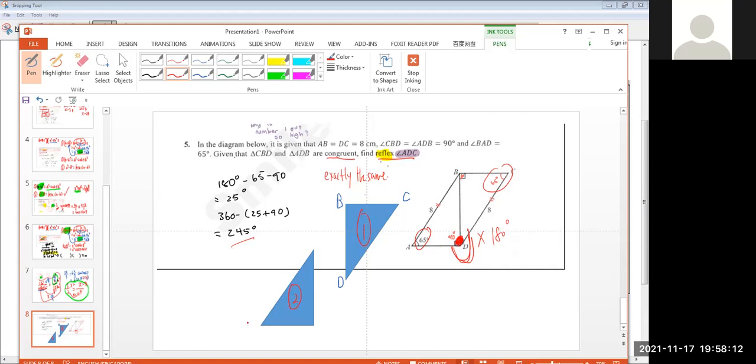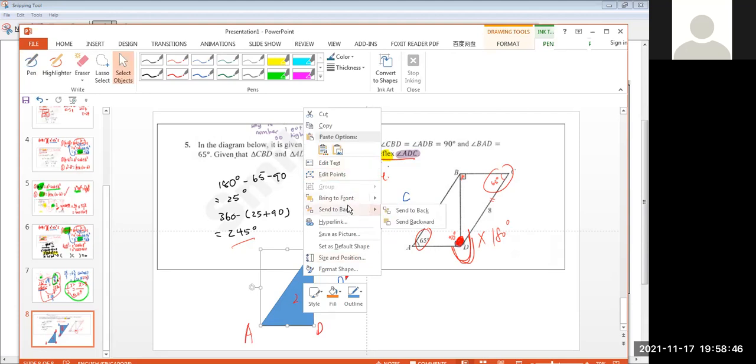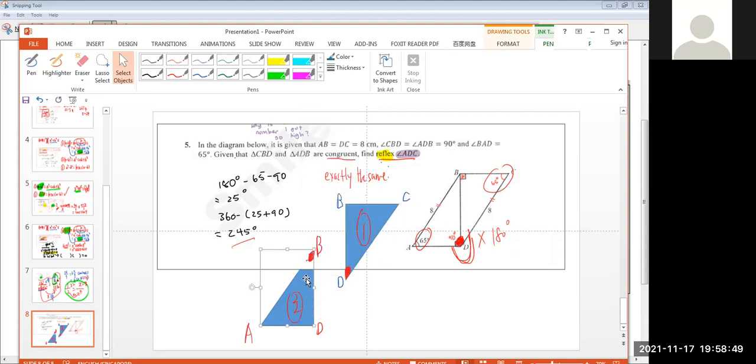So this is my A, B, D. That's exactly the same. So 1 and 2 are exactly the same, which means everything is the same: the size of the triangle, the angles.